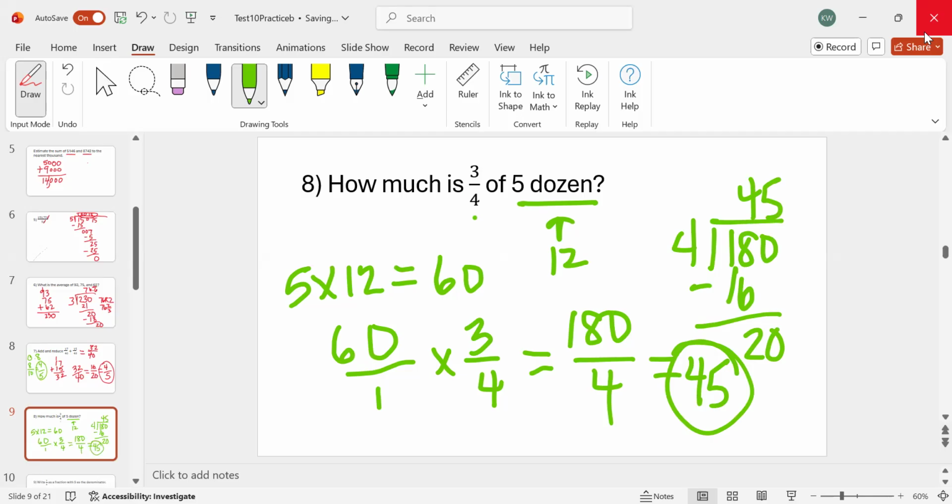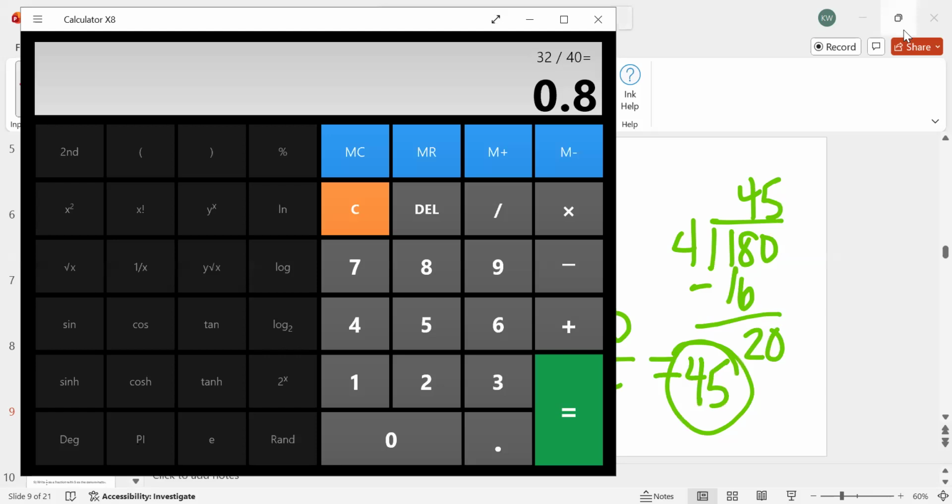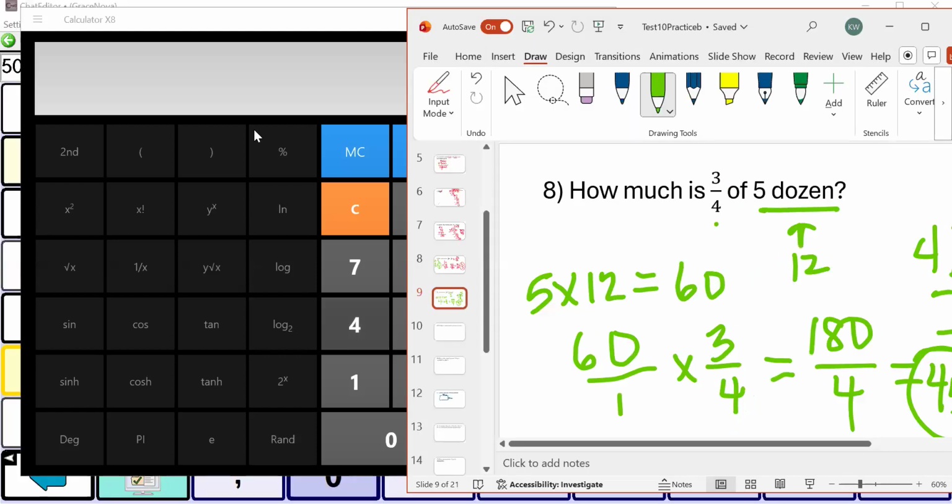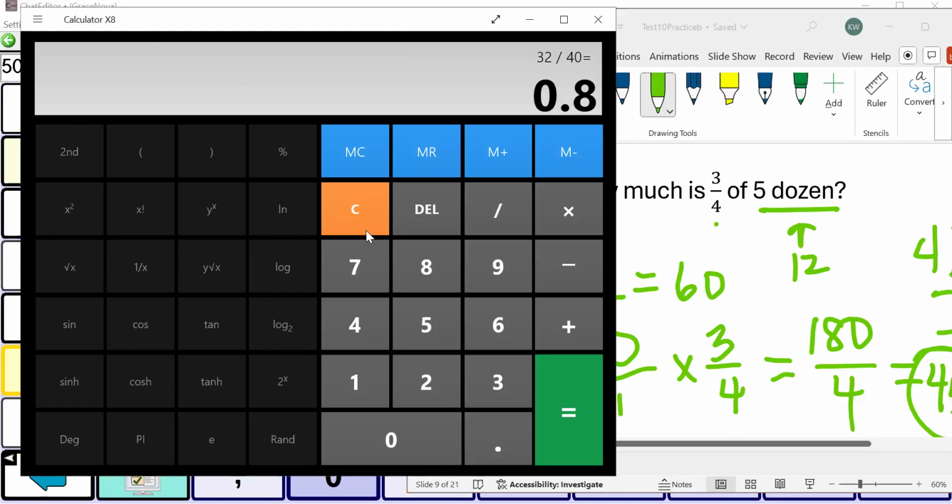Okay, there are other ways you could do this. Maybe you know that 3/4 is actually 0.75, or maybe you could figure that out. If we were doing this with a calculator, if you were to do it all in one step, you could say, okay, first we need to get our 5 dozen. So 5 times 12 in parentheses.